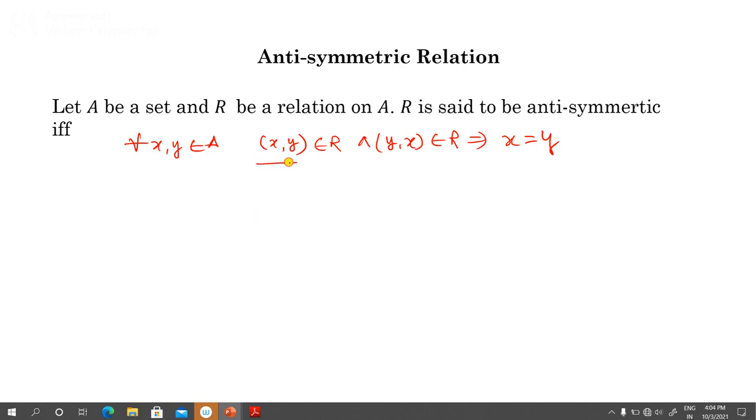So whenever (x, y) is there in R and (y, x) is there in R, then x must equal y. Then the relation is said to be antisymmetric.